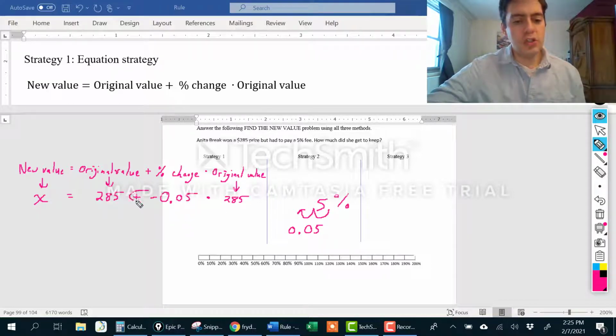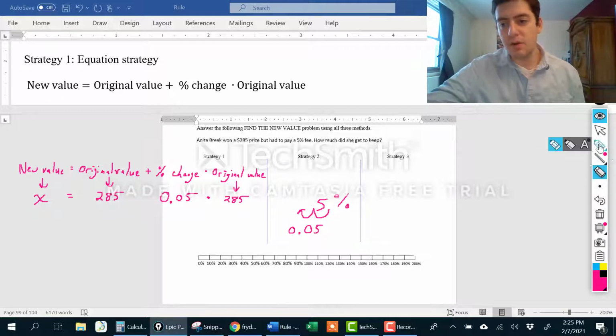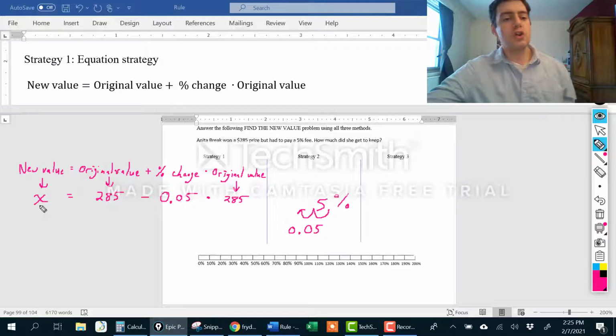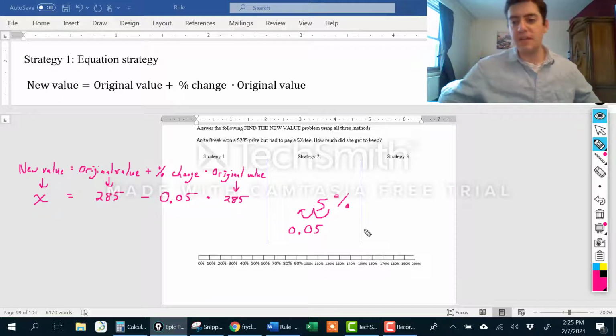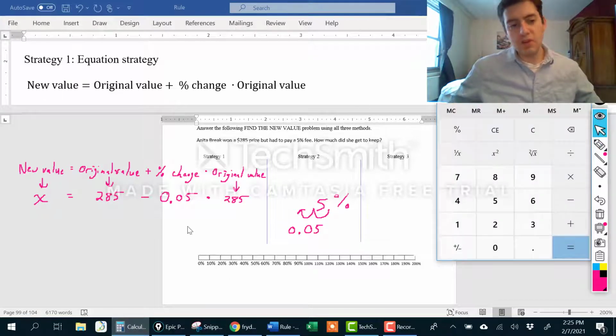Now, we could just rewrite this plus negative as minus. So I'm going to go ahead and write that. So the new value which I'm looking for, x, is equal to 285 minus 0.05 times 285. And for this, now you can just evaluate this. You can use a calculator.